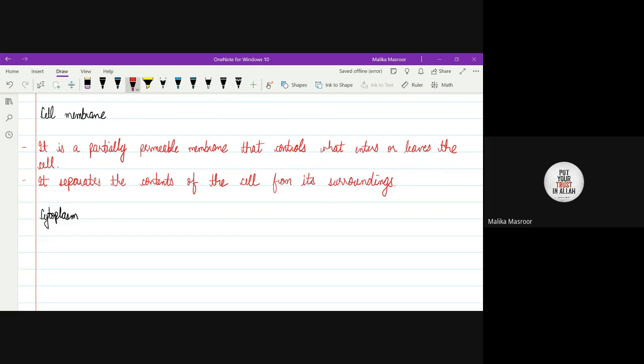So, as you can see, it is a jelly-like substance and is nearly all water.